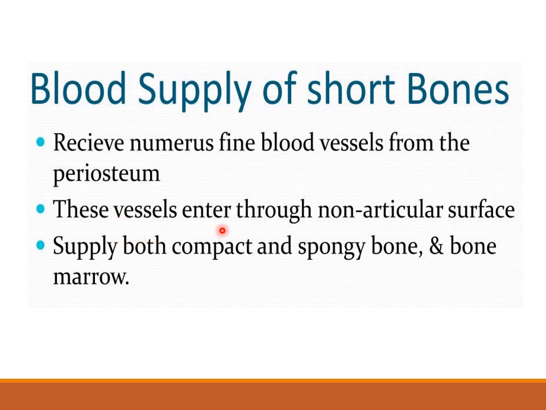These vessels enter through its non-articular surface, the one which is not taking part in the joint formation. From that non-articular surface, the vessel passes into the bone and supplies the compact and spongy bone, as well as the bone marrow present in it. So the short bone is supplied only by the periosteal blood vessels. There is no epiphyseal and diaphyseal artery, please remember.